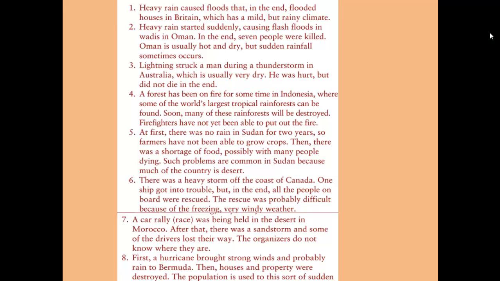Heavy rain caused floods that in the end flooded houses in Britain, which has a mild but rainy climate. Number two, heavy rain started suddenly, causing flash floods in wadis in Oman. In the end, 7 people were killed. Oman is usually hot and dry, but sudden rainfall sometimes occurs.